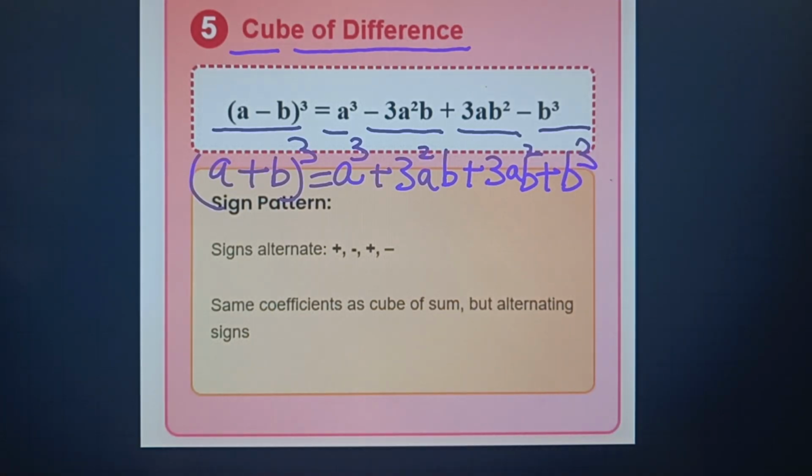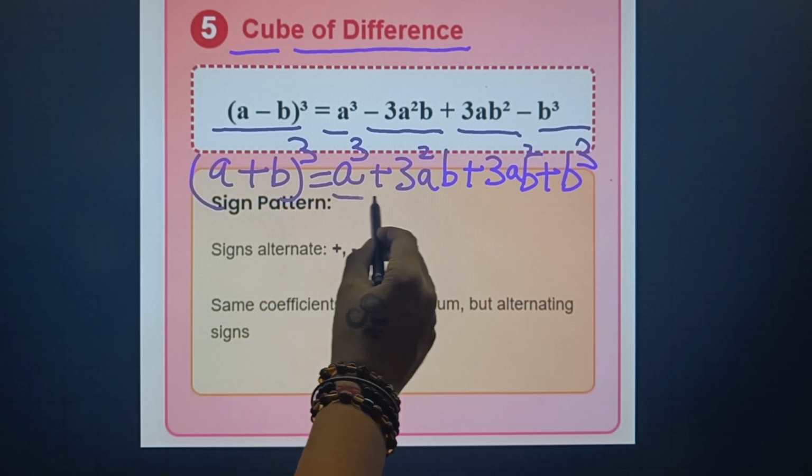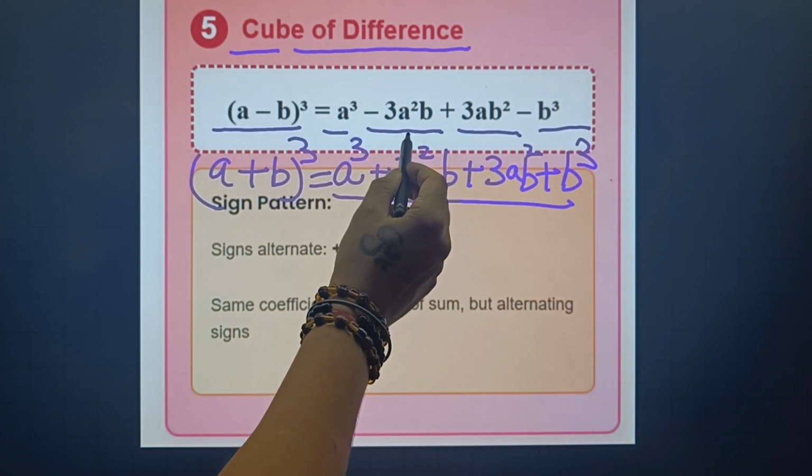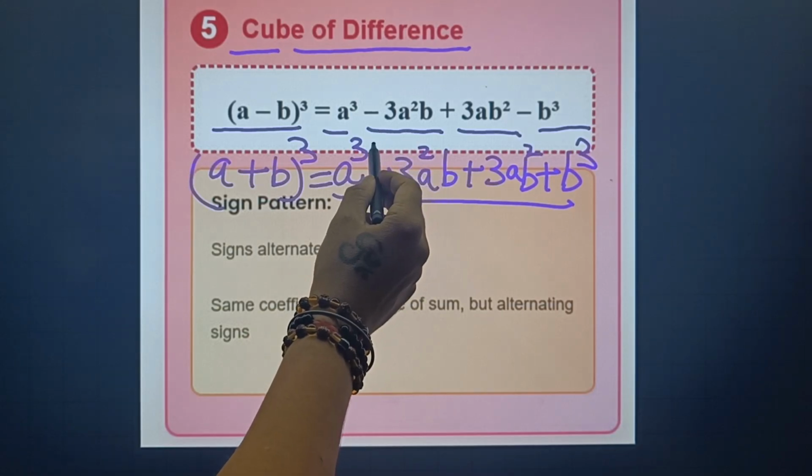Here, how can you memorize this identity? By comparing this one, you can simply change the signs alternately.